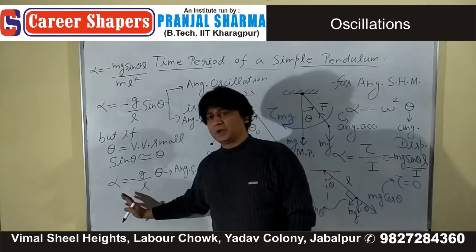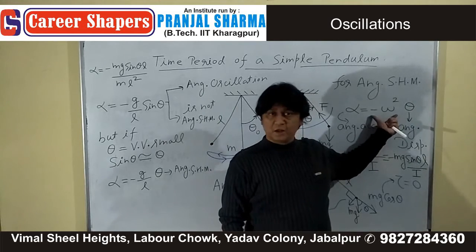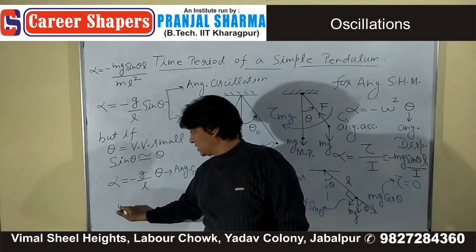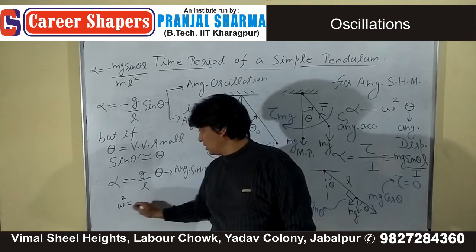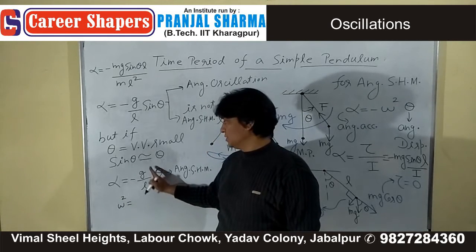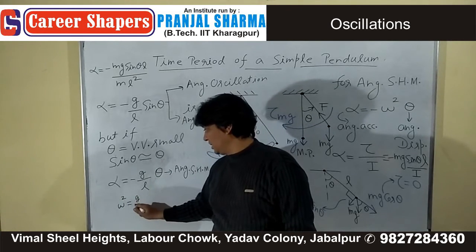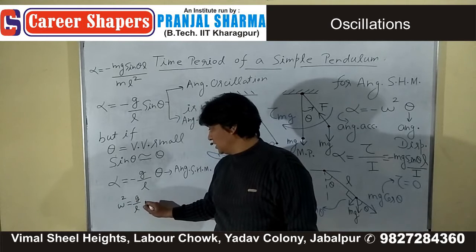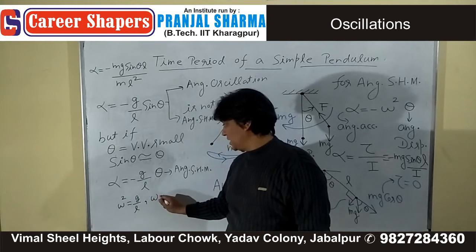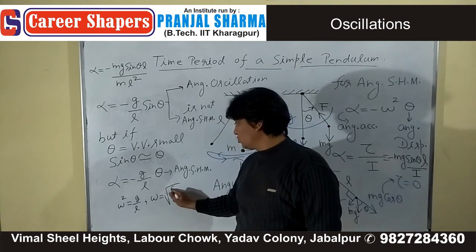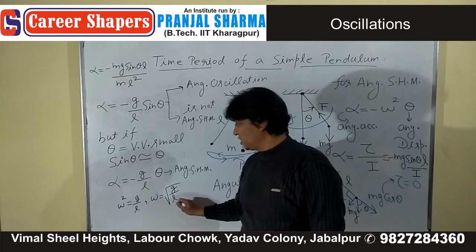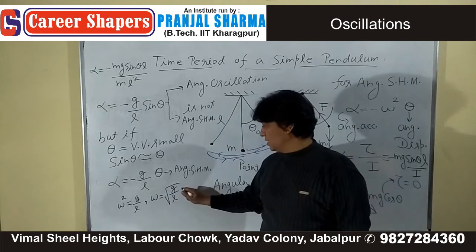And once you compare this with the fundamental equation, what is omega square? Coefficient of theta, g by L. This gives us omega as root over g by L. And what is omega?